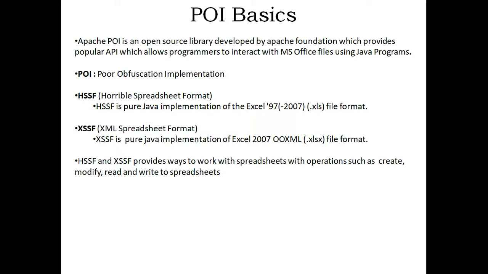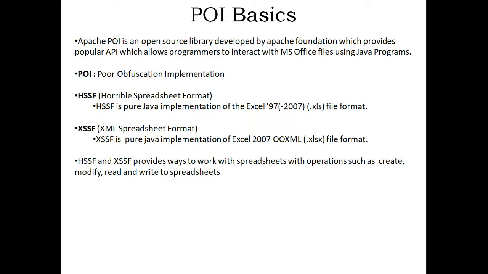There are two types of libraries available to interact with Excel workbook. Whenever we talk about a data-driven approach, the data is stored in Excel sheet. There are two Excel formats available. One is with the extension .xls and the other one is .xlsx.